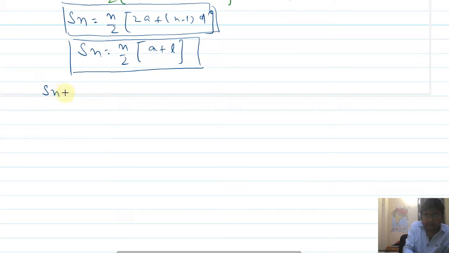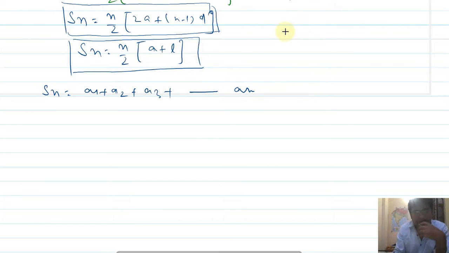Sn equals a1 plus a2 plus a3 up to an. Before the proof, I want to explain one thing.